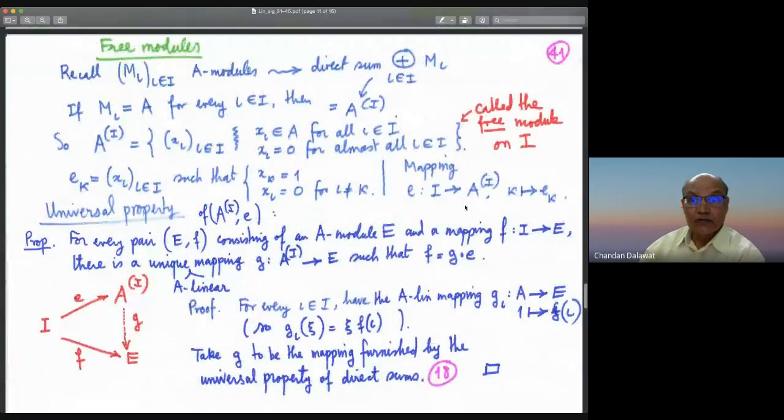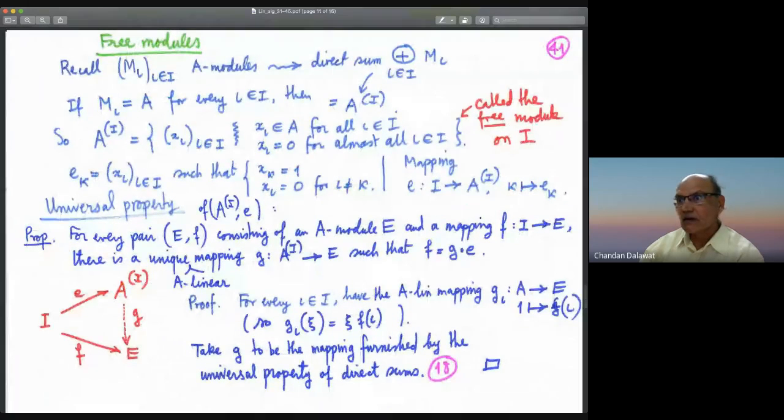Okay, so now we come to a very important concept, and I have maybe only 3 minutes to explain it, but I'll take a little more time, maybe only 5 minutes. So this is the concept of a free module. So what is a free module? Recall that when you have a family of A modules, you can take the direct sum.